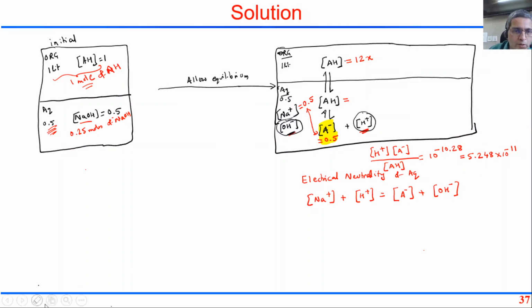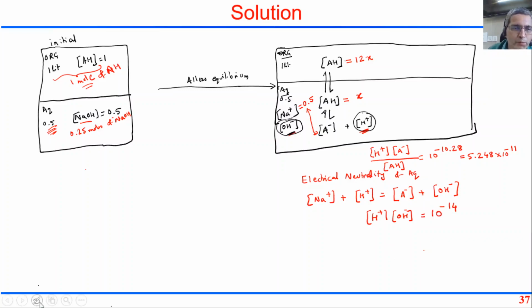Right. So now let's work out again. This is x. This is 12x. This is no longer 0.5. Okay. H plus into OH minus ion concentration is going to be equal to 10 raised to minus 14, ionic product of water.